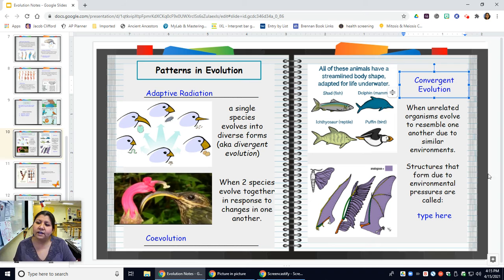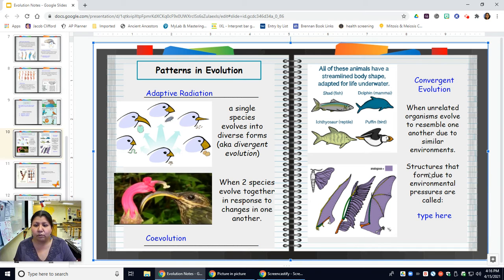With convergent evolution, this one's really cool. This is when organisms that are completely unrelated end up looking like each other because of their environment. For example, if we look at a puffin or a penguin, a dolphin, a shad or a shark, and an ichthyosaur, an aquatic reptile, they all have similar colorations.